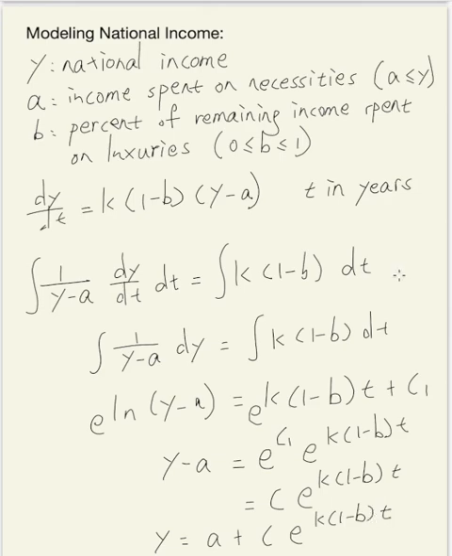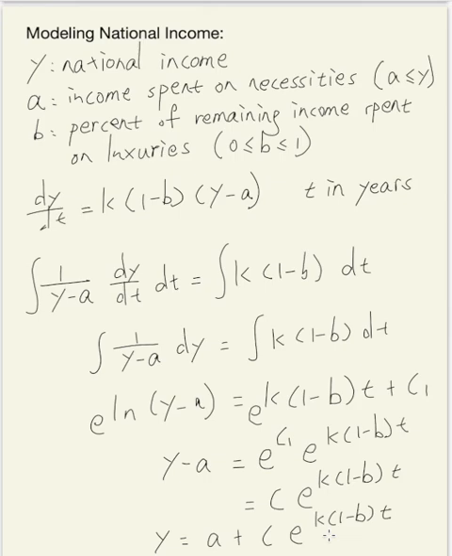So we see that as time goes on, it depends on whether k is positive or negative. If k is positive, then y increases exponentially, and if k is negative, then y decays exponentially, because 1 minus b is always non-negative, and since this is an actual real world example, t is not negative.